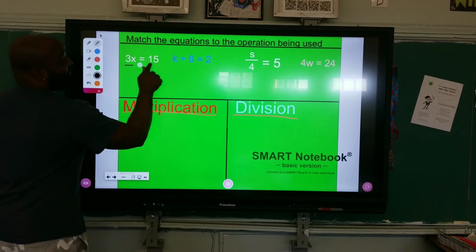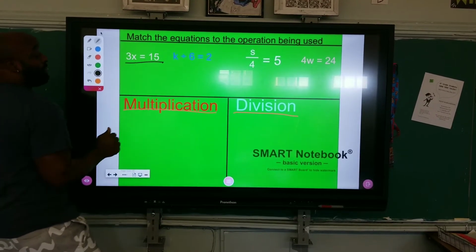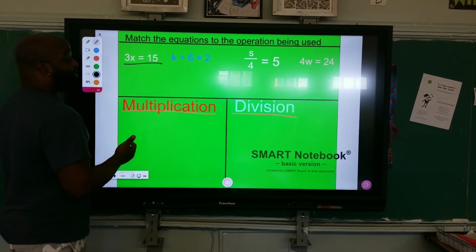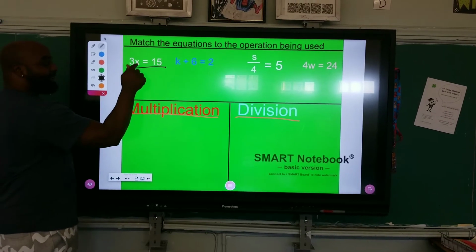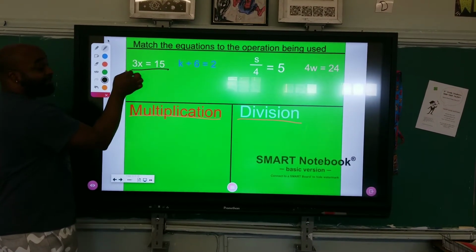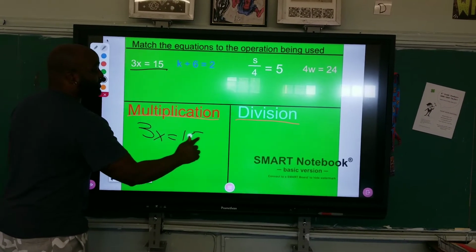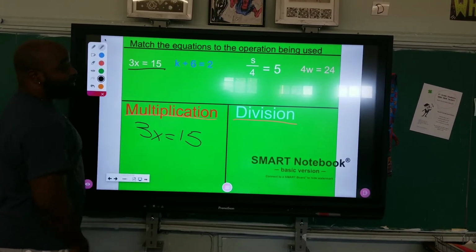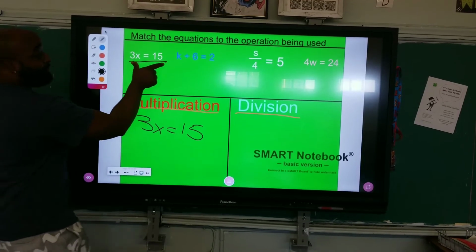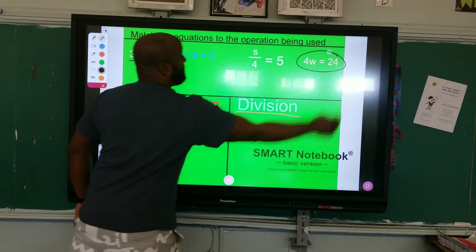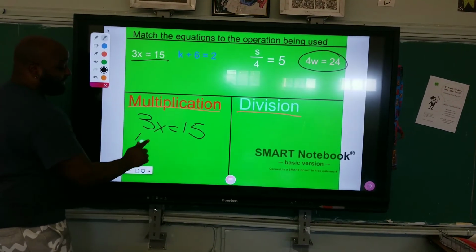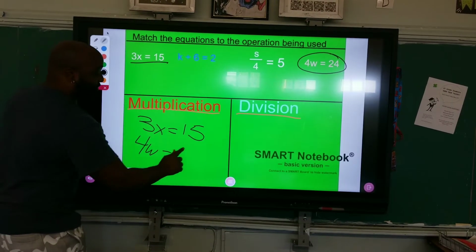So if we look at this first one, it says 3x equals 15. I know we've talked about it. You should remember that 3 is a coefficient, x is a variable, and when they're together, that's multiplication. So 3x equals 15 shows us a multiplication equation. And if we know this one, then this is the second way. It looks exactly like it. 4w equals 24.